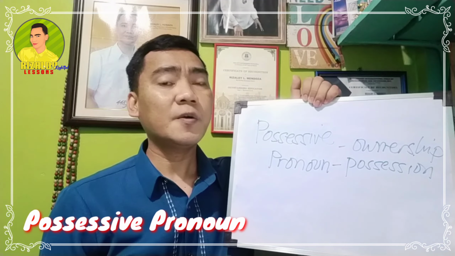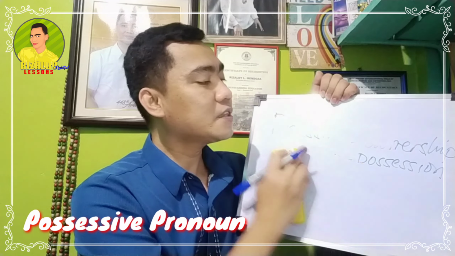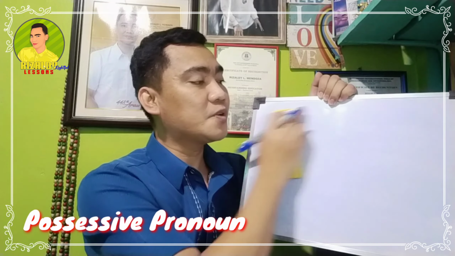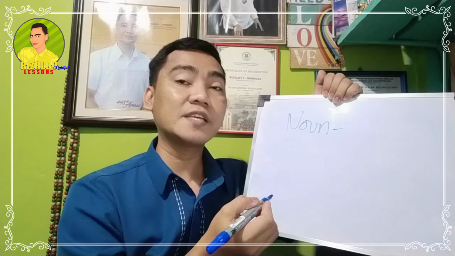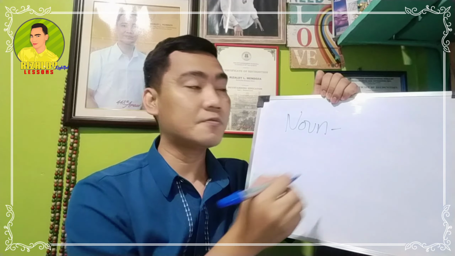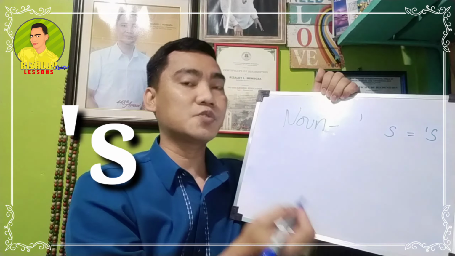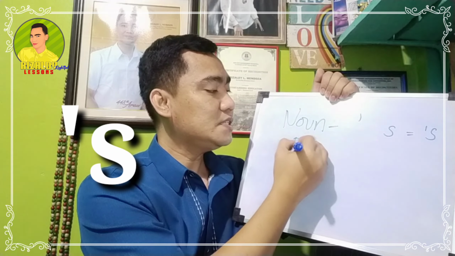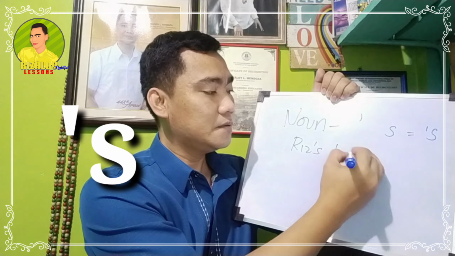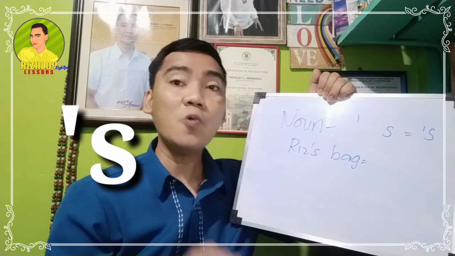So if you are going to look at other references when it comes to possessive pronoun, remember the possessive noun, meaning you are going to use apostrophe, right? So it makes use of apostrophe and the use of your S. So meaning you have your apostrophe S. So let's say Reese's bag, meaning to say I own the bag.